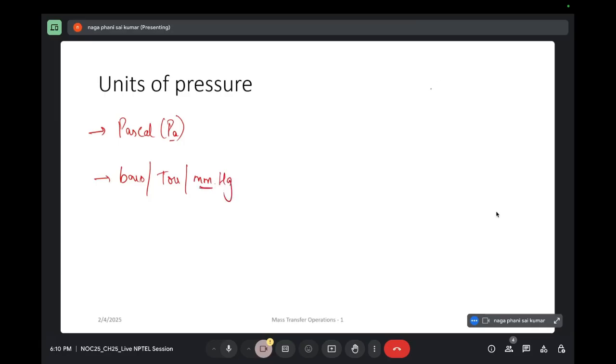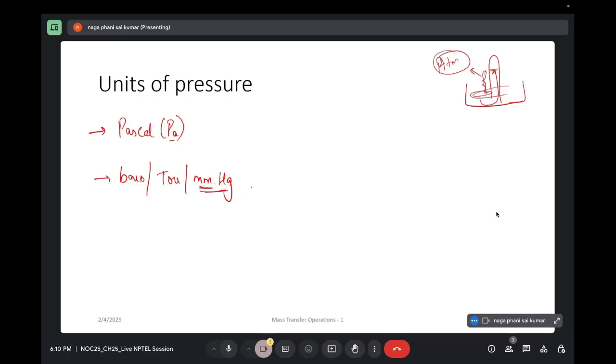You must already know about the barometer, right? Whenever you are measuring atmospheric pressure, you take mercury in a bowl, you know this arrangement, right? You take a test tube as well, and depending upon the level of mercury, you find out the atmospheric pressure. That is why people started expressing pressure in terms of mmHg as well.